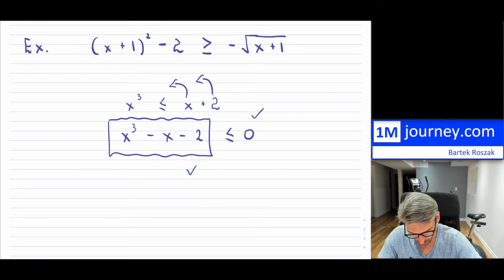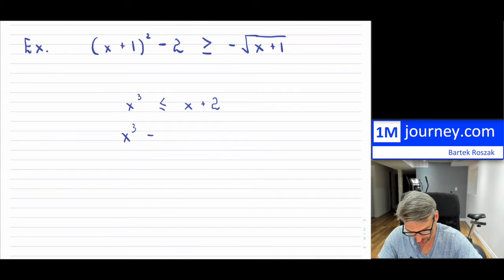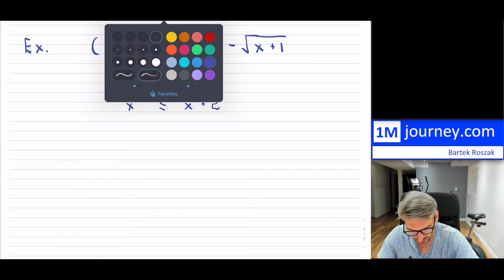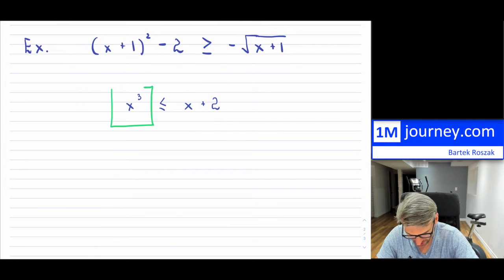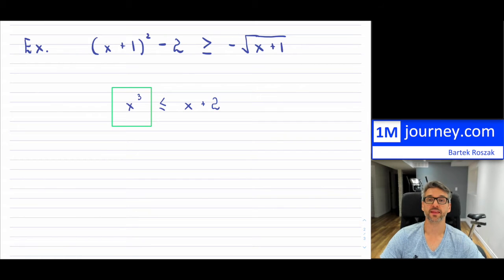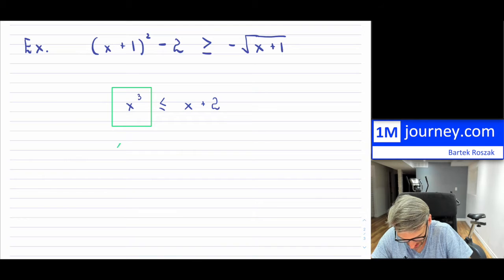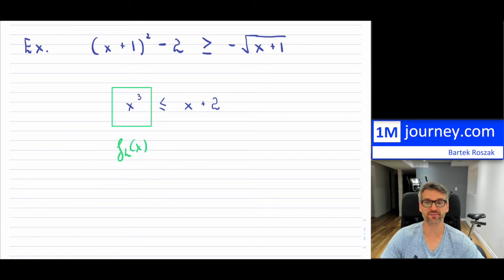So I'm going to remove all of this, and instead of trying to be brave and solve all of this on my own, I'm going to show you, think of it this way. Think of this x cubed just on its own, and think of it as a function, all right? So let's say I have my left-hand side, I'm going to call this f of x, and I'll put a subscript L because it's on the left-hand side.